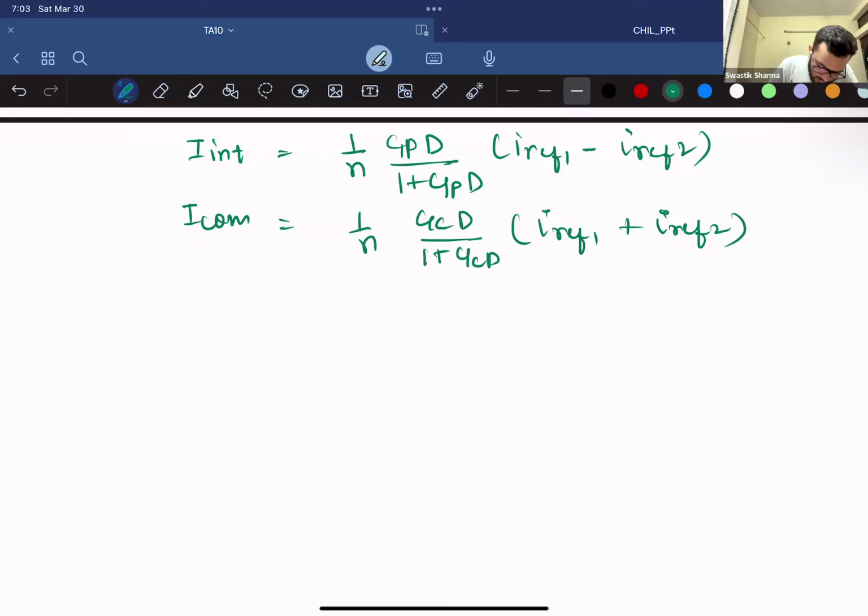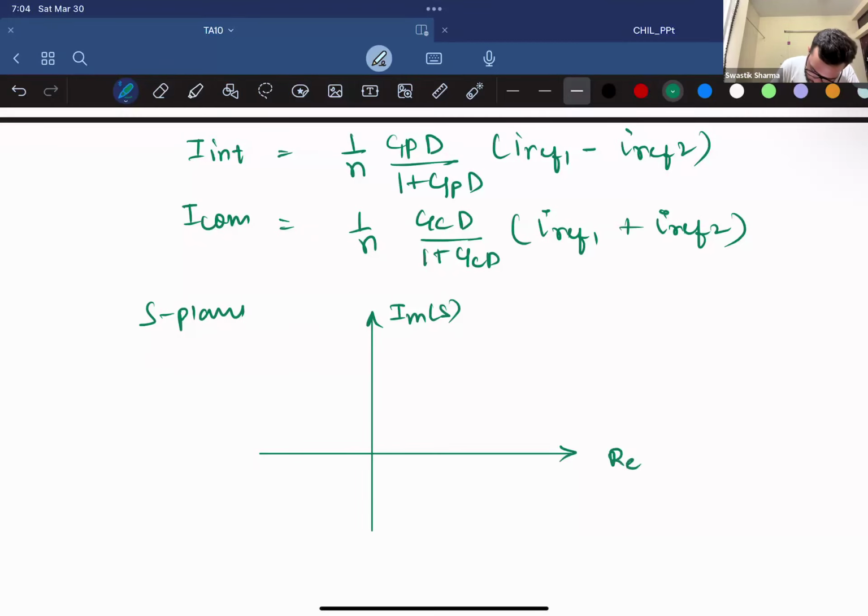In the S plane, which is drawn something like this, I hope you all know what an S plane is.